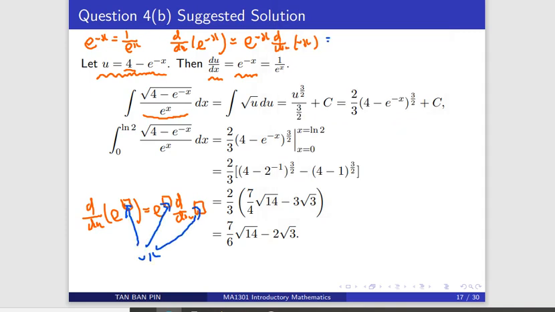So with that, you get negative e^(-x). Then there's another minus sign here. So that gives you e power minus x, which can be written as 1 over e power x. So with this, you can say du is 1 over e power x dx.